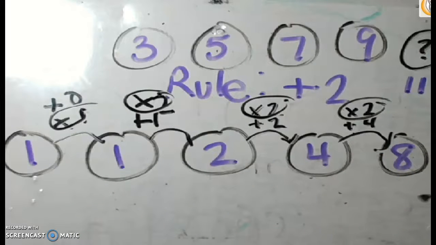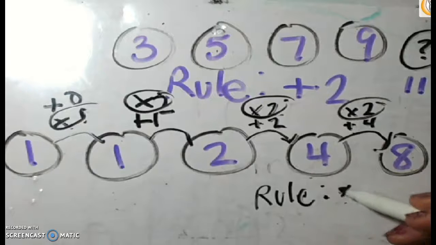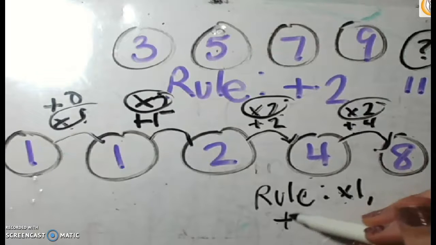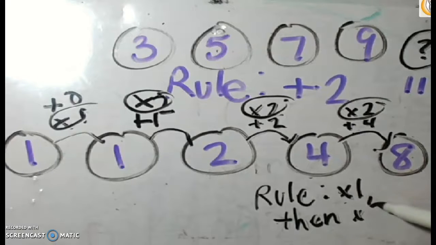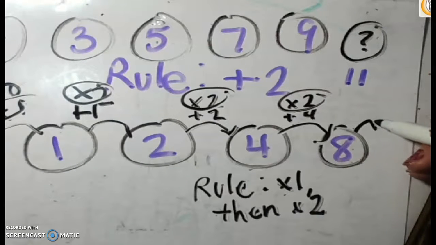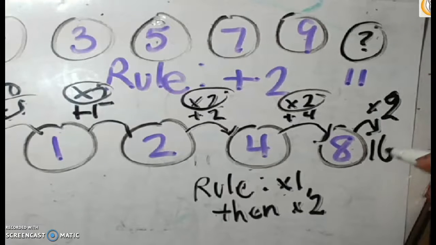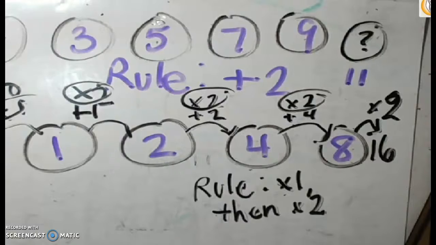So I'm going to say that the rule is going to be to first multiply by 1 and then multiply by 2 for the rest of the numbers. So the next number after this, if we can continue with our pattern, would be to multiply by 2 again, and we would end up getting 16.